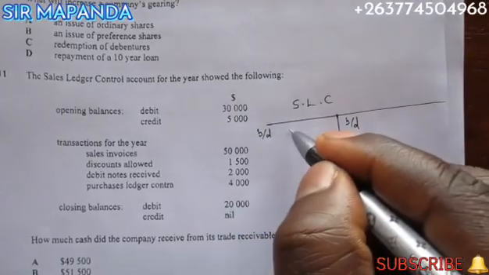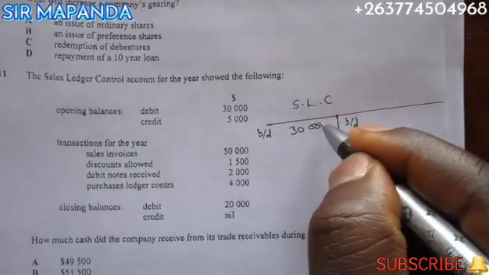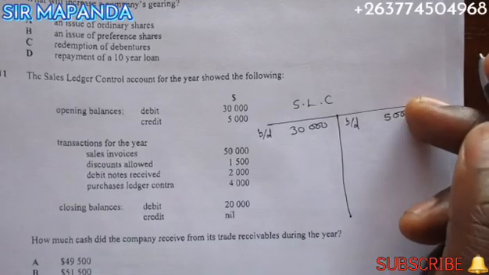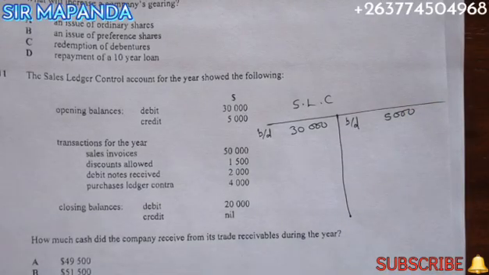So the BD on the debit is 30,000, which is our main balance, and the BD on the credit is 5,000. So 5,000, the BD on the credit. Sometimes it denotes an overpayment which was done by a customer, and the refund has not yet been given to the customer, or returns inwards which were overlooked.